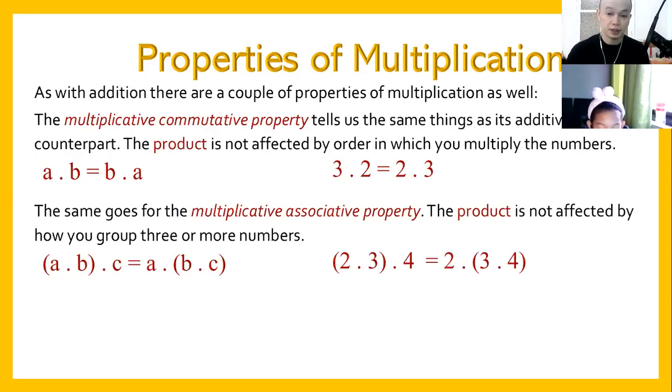So what is 2 times 3, Crystal? 6. 6 times 4. You know 4 times 6, right? Because 2 times 3 is 6, so 6 times 4.